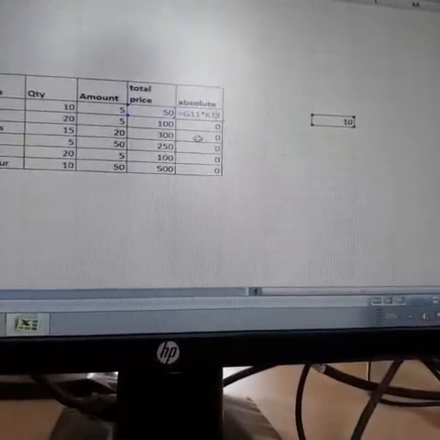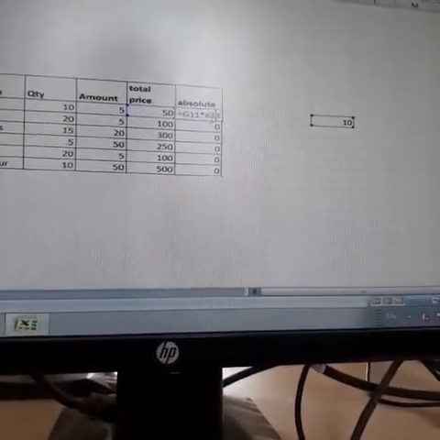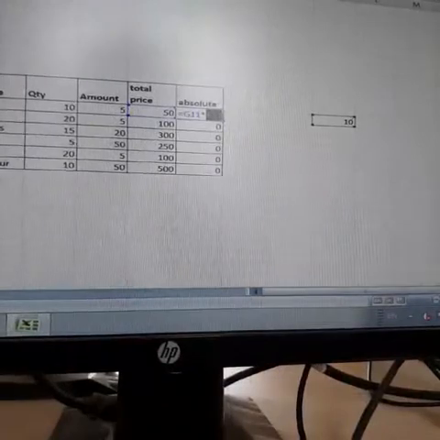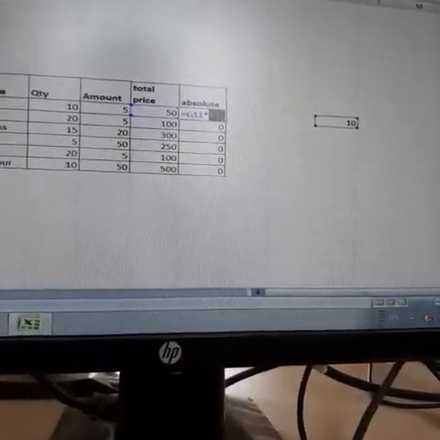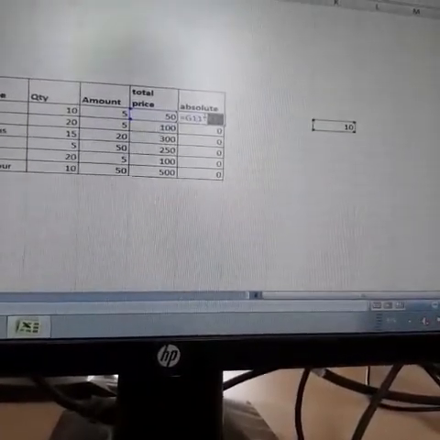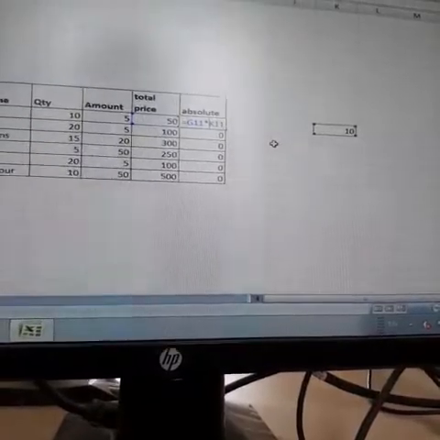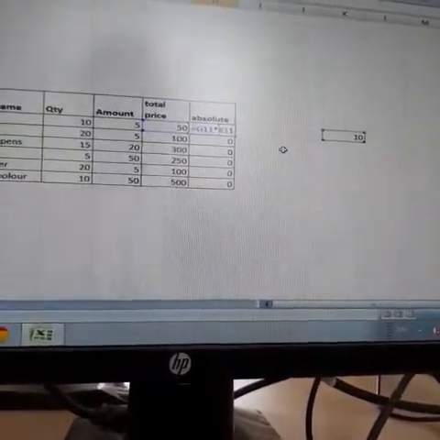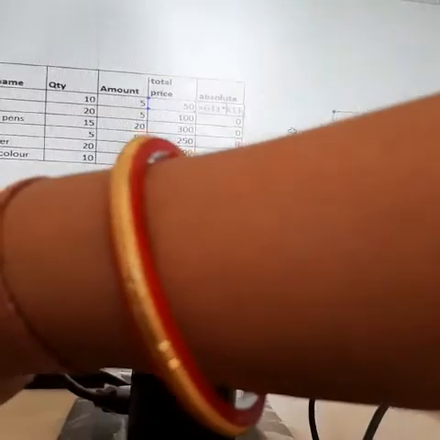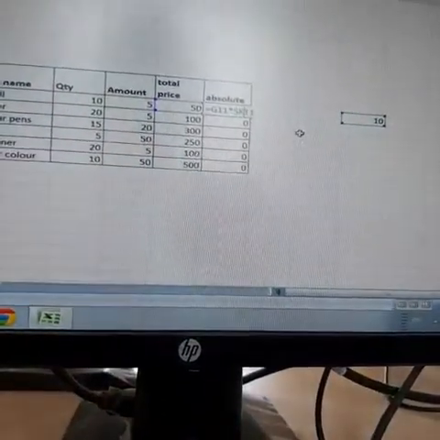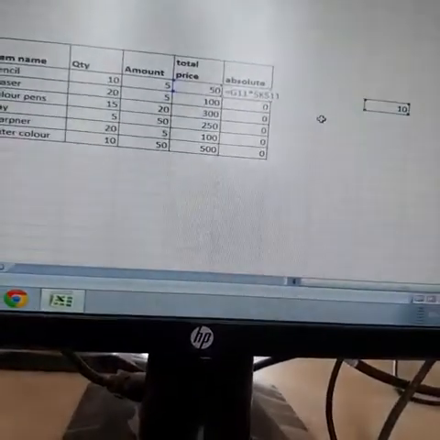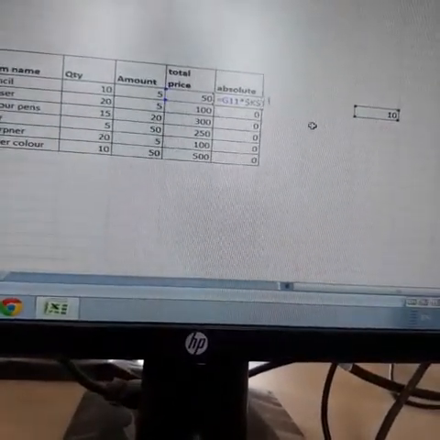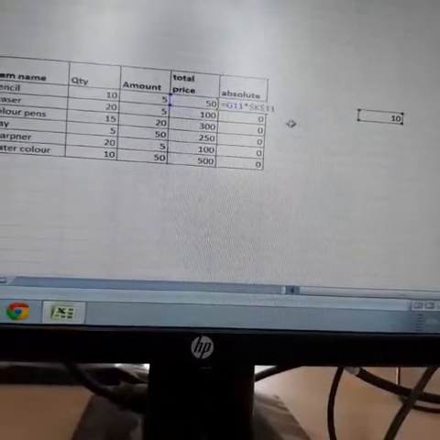Now how to use the absolute address? See here, suppose I want to fix this cell, so I have to put a dollar sign. How to put the dollar sign? Just press shift and the dollar sign, and then again shift and the dollar sign. See, this is the way to apply the absolute reference.